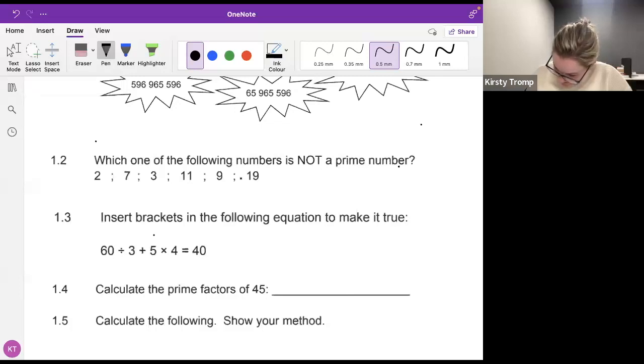Prime numbers are only numbers that can be divided by itself and 1. So if any number can be divided by any other number and still give you a whole number, then it's not a prime number. Are you understanding what I'm saying, Grace? Yes, I am, sir. Okay, so let's take 10, for example. 10 can go into itself, and it can go into 1.